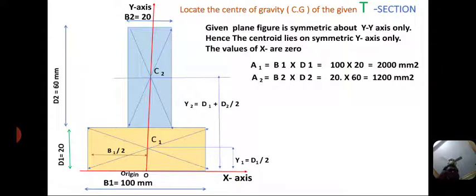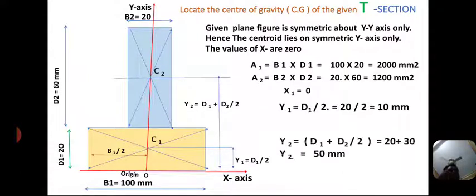Next, y1 and y2. y1 equal to half of the height, y2 equal to d1 plus d2 by 2, same. But the main difference is that the values of x are 0 because I am taking a symmetric axis here.